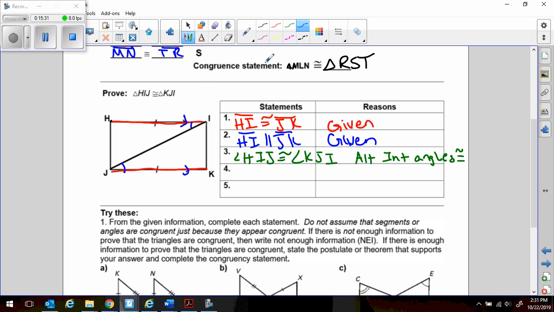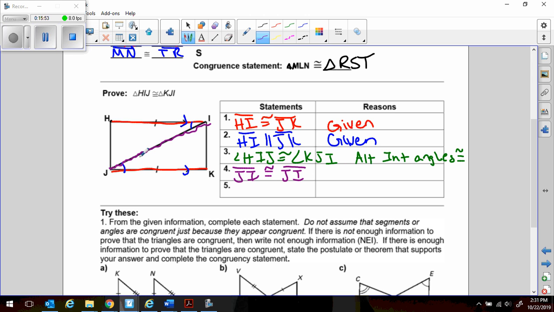Now, I know one more thing. I need 3 things, always. I have this angle, and I'm going to look at this side right here. You see that they're sharing the side? I'm just going to say that JI, that's this side, is congruent to JI.